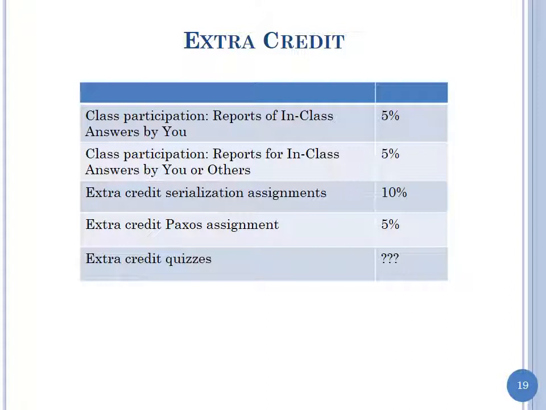I used to have extra class participation credit only for answering questions. Then I found a few students would just write down all the questions and answers, and they found it worthwhile to do so. So I said, okay, if you want to do that, you get 5% for transcribing the questions and answers, hopefully not just transcribing but writing them down, and then 5% for your answers.